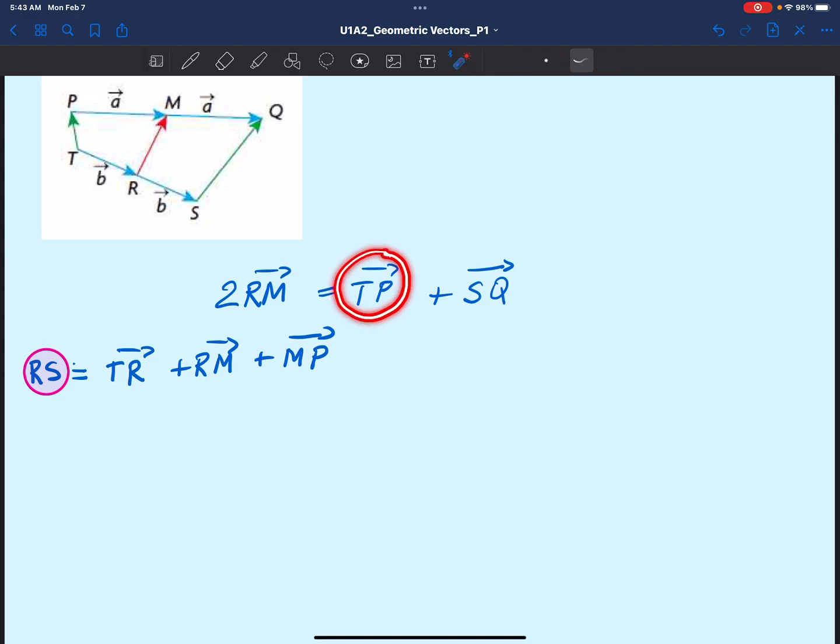Here is vector TP, which we express in terms of these other vectors. So notice the first letter in the sum of the vectors and the last letter in the sum. So it starts with T, ends with P. And this is not a coincidence, right? That's supposed to happen, especially when we deal with vectors in closed polygons. Similar to this, we will express the vector SQ, here is SQ, as the sum of SR, RM, MQ.